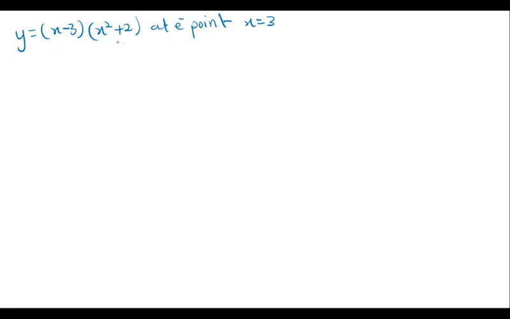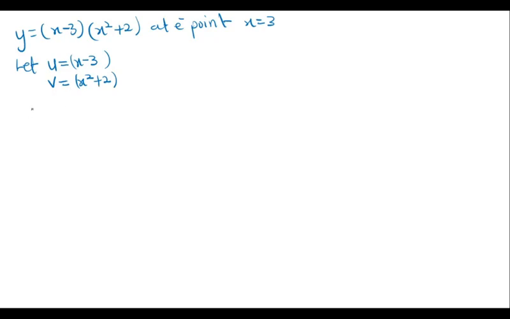Now if we have this sort of equation to differentiate, first of all we let the first term be u, then we let v be the second term, x squared plus 2. The formula that we use to find the differentiation of this is what we call the product rule.